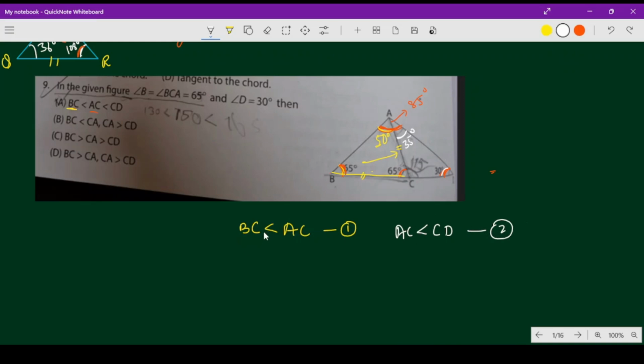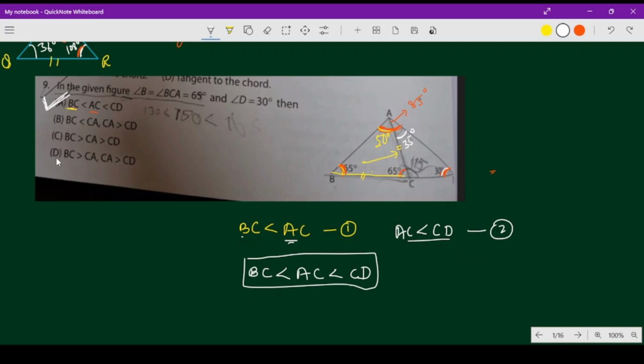Now, in this one relation and second relation, AC is bigger than BC and AC is less than CD. By combining both of these, we can say that BC is less than AC, which is less than CD. So we are getting that option A is correct. We need not check all these things, but if we want, we can check all of them one by one.